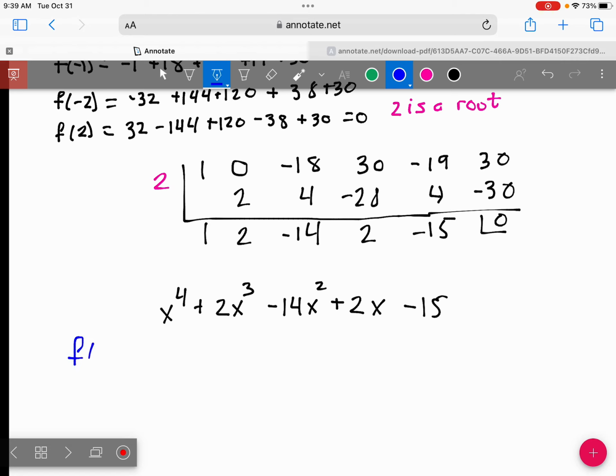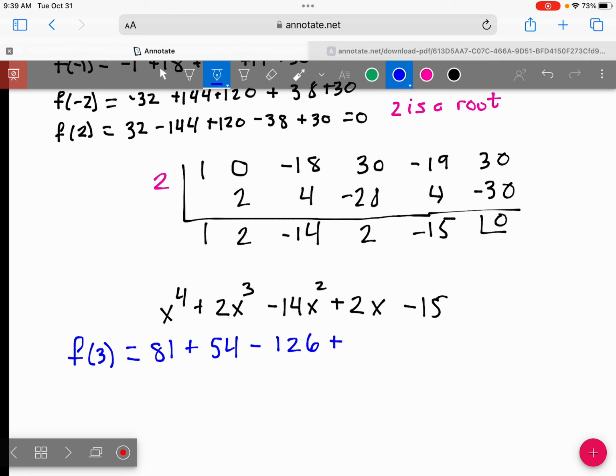Let's find f of 3. Three to the 4th is 81. 2 times 3 to the 3rd is 54. Minus 14 times 3 squared is minus 126.